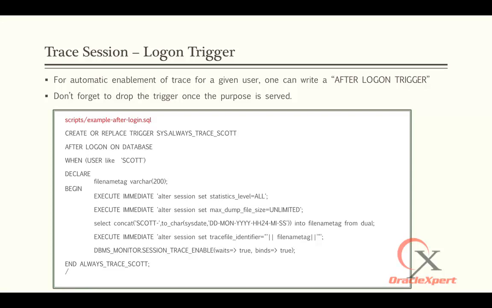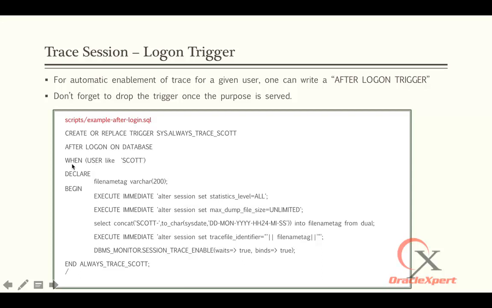In that case, you certainly don't want a DBA to do a babysitting job, where every time a new session is opened, the DBA would find out who is connected, and if it happens to be Scott, use any of my previous methods like DBMS session, DBMS monitor, DBMS system, DBMS support, or the trace event 10046 to manually type the command to enable session tracing.